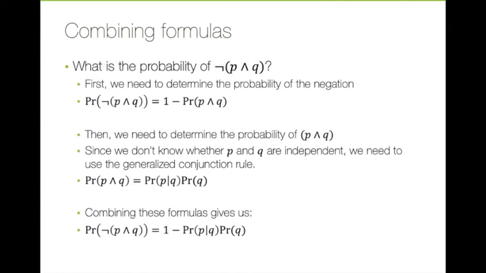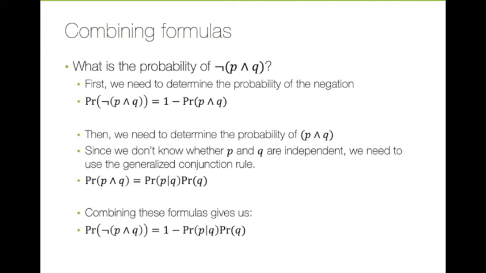We see that written three lines down there as the probability scoped over the negation of P and Q. To figure out how to calculate that, and what values we would need to know, we need to do some manipulation of our formulas. So we have to start with our wider scope connective, and that tells us we need to first determine the probability of a negation. The probability of a negation is 1 minus the probability of the sentence without the negation. That's what our negation rule tells us.